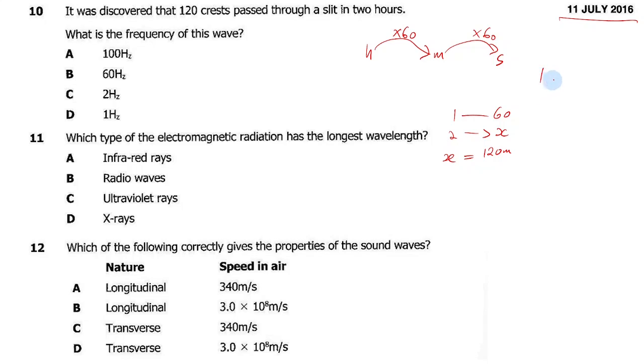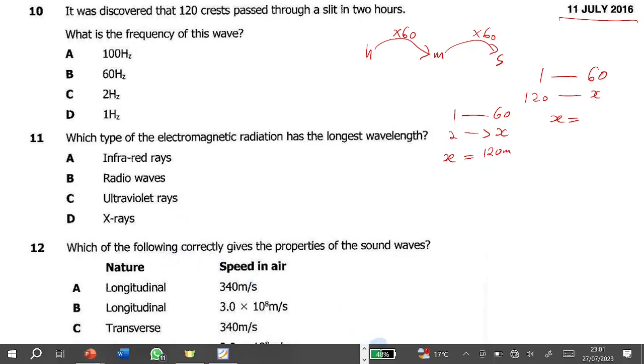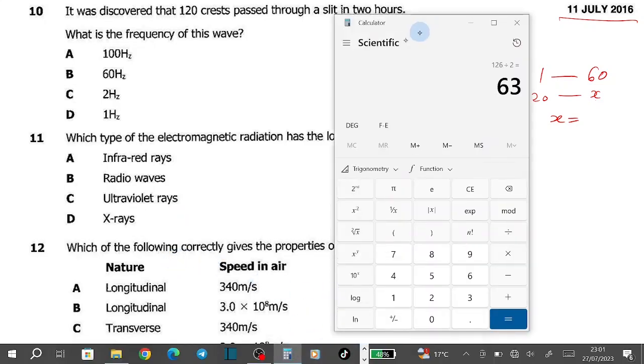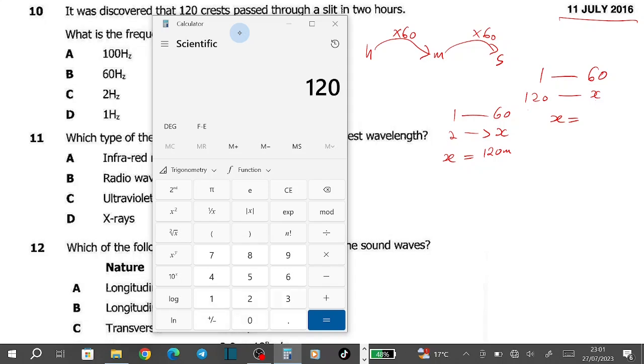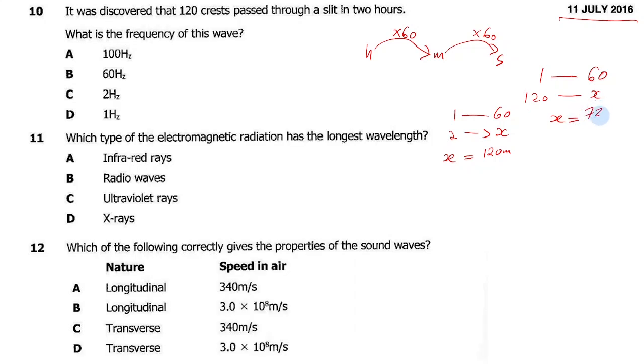Good. So 1 minute is equal to 60 seconds. 120 minutes is equal to x. So x is equal to 120 times 60, 7,200. So it will be 7,200 seconds.